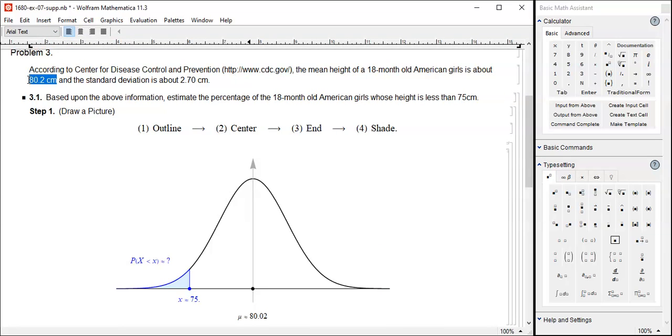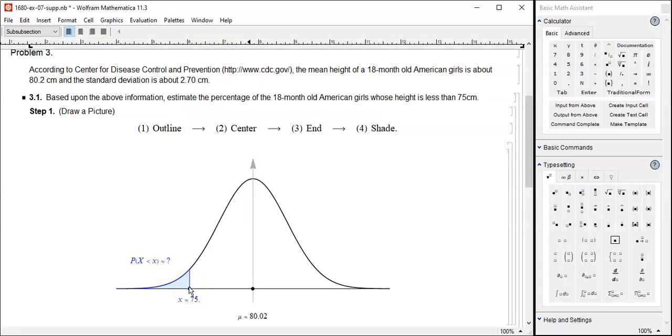Now, end. Where is the other number here? 75 centimeters. Where does it go? 80.2 is over here. 75 is less than that, so it should be on the left-hand side. Exactly how far, it's hard to tell, so just use your own discretion. It doesn't have to be really accurate.